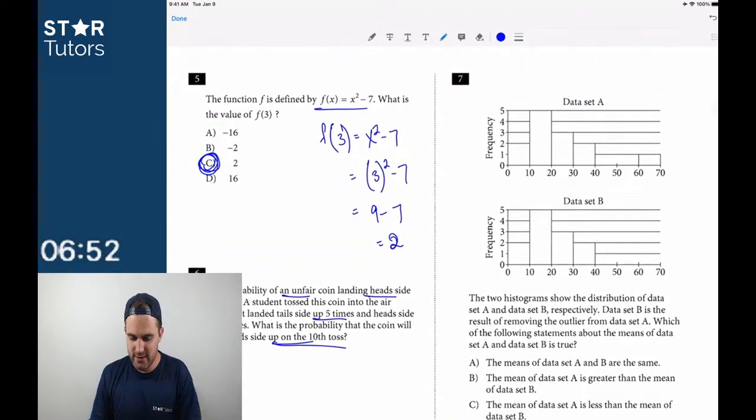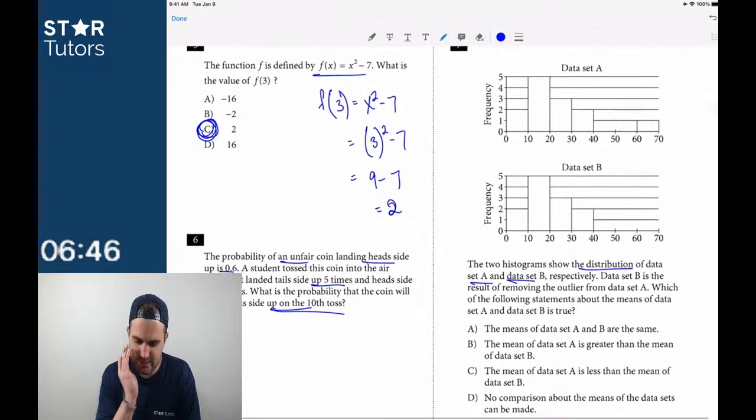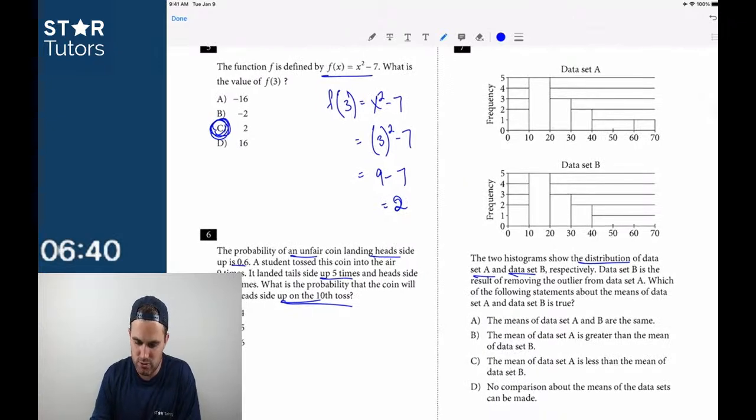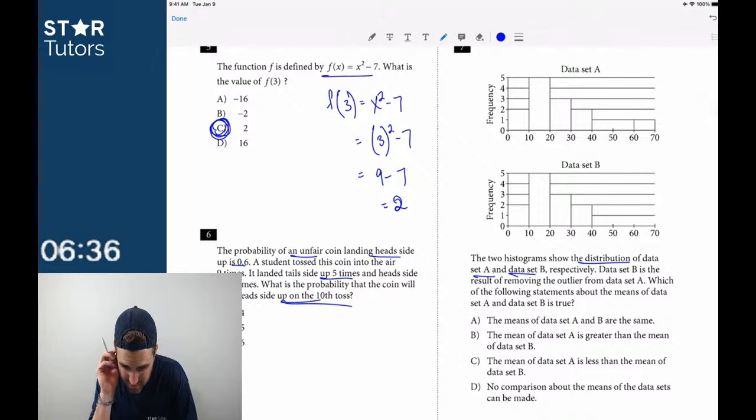Number 7. The 2 histograms showing the distribution of data set A and set B. Data set B is a result of removing an outlier from data set A. Which statement about the means of data set A and data set B is true? Once again, I can't really see this that well.